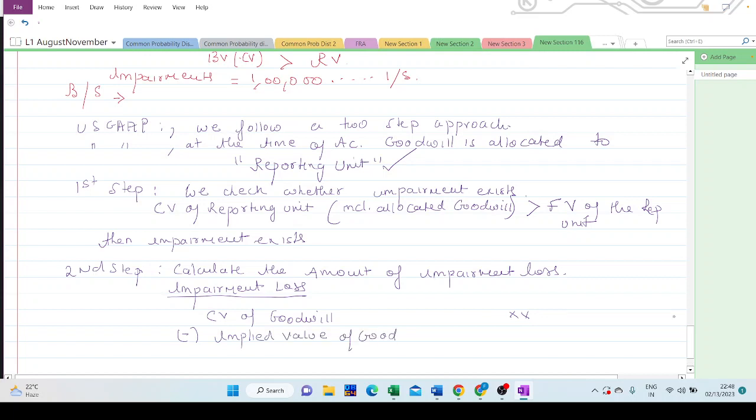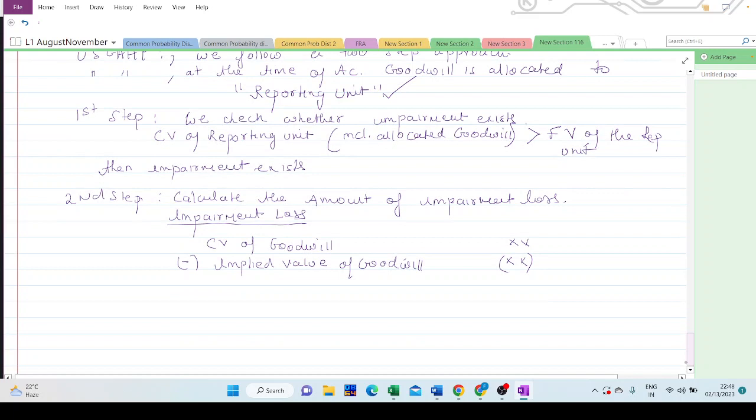Now what is implied value of goodwill? कोई idea? Please write this down.